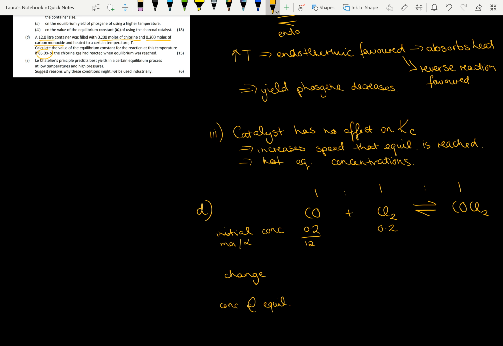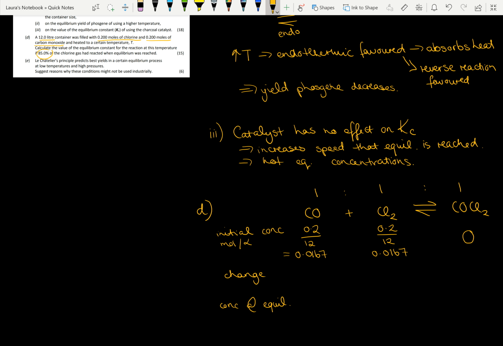So we're going to have to divide by 12 to get these concentrations into moles per litre. That's going to give us 0.0167, 0.0167. So there are our initial concentrations of our reactants. We know as well that our initial concentration of our product is 0.